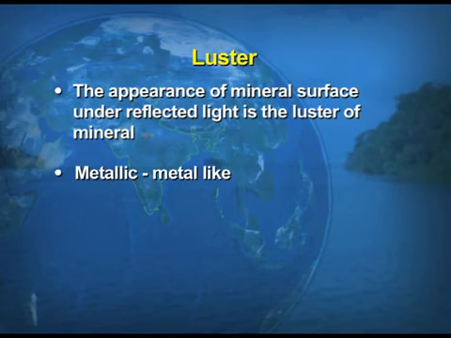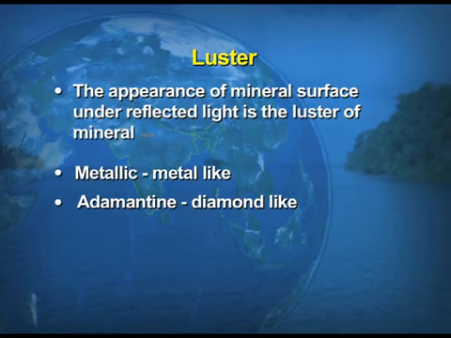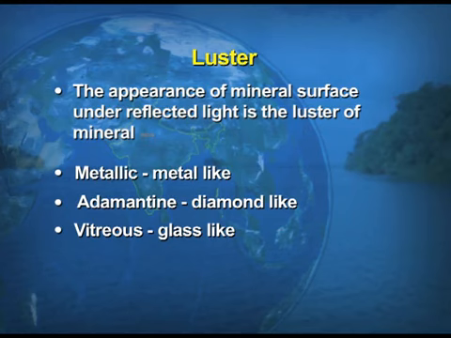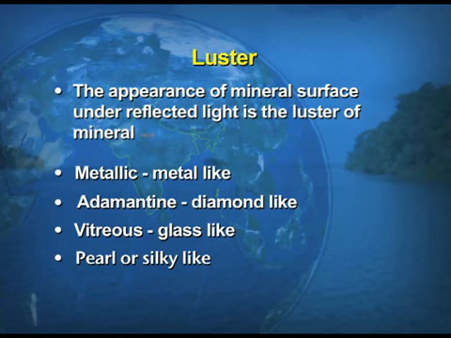We also talk about the adamantine, that is diamond like. We talk about the vitreous, which has a luster like glass, or we can talk about the pearl like or the silky like. So, these are the different terms which we use for the luster of the mineral.